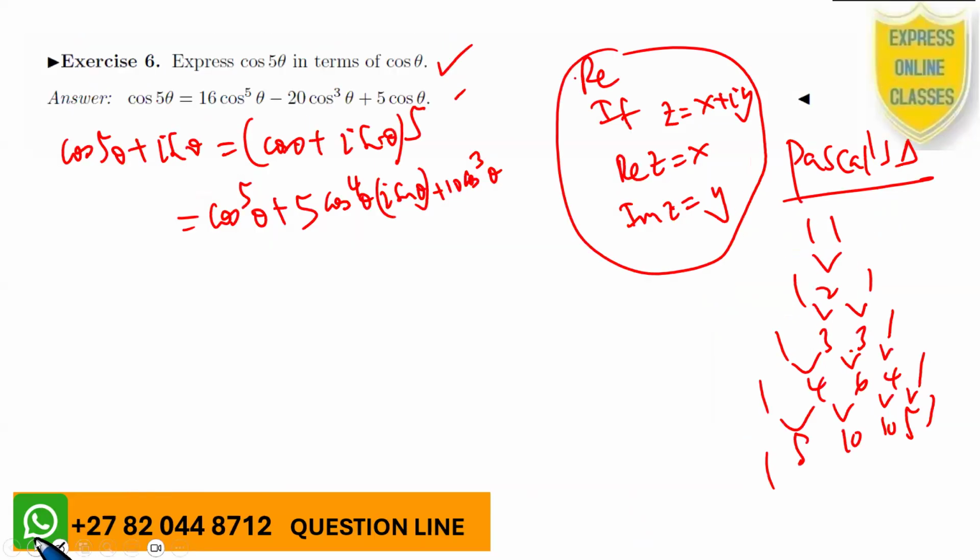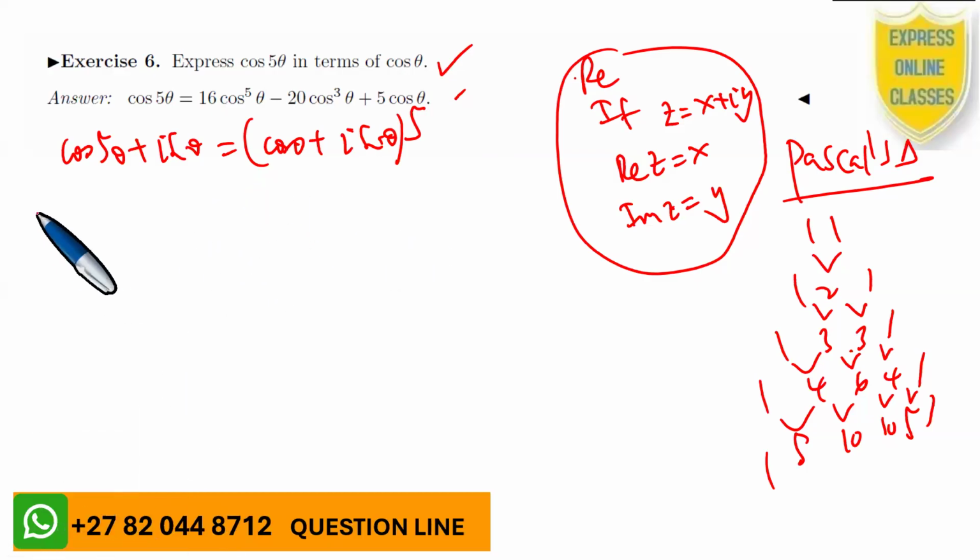So we have this. Now, we want to consider this. You raise it to the power 5. If you raise it to the power 5, it becomes the cosine of 5 theta.